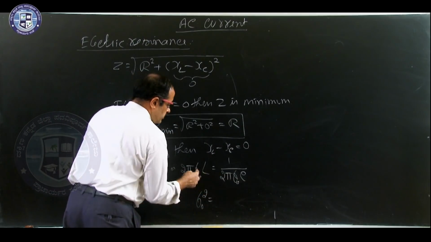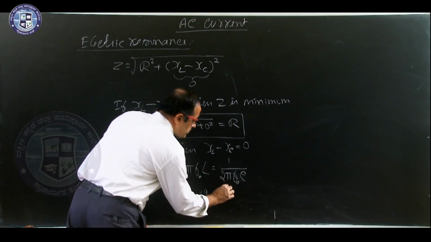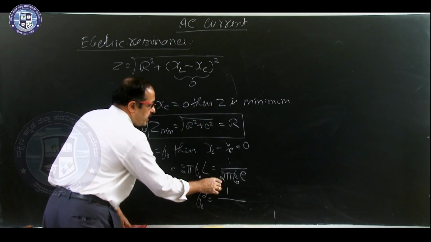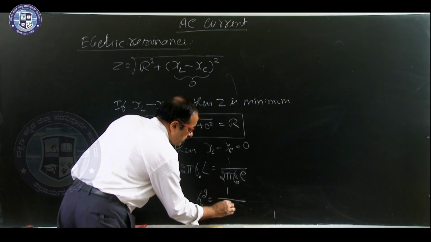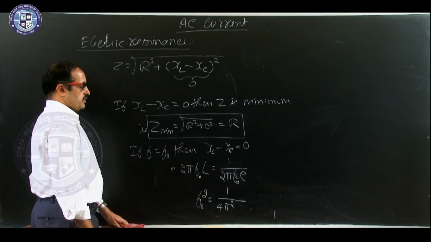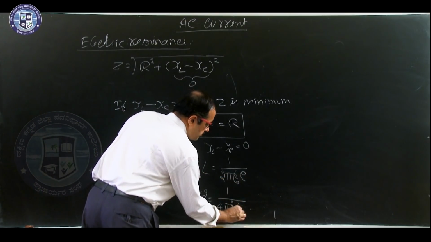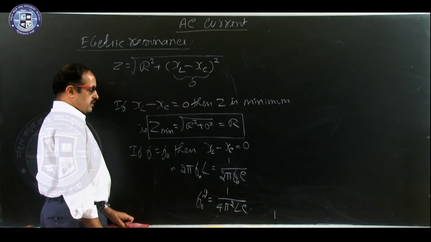F naught into F naught square is equal to 1 divided by 2 pi into 2 pi, 4 pi square, LC taken to the denominator.